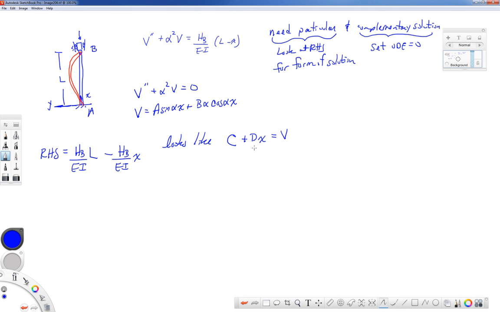Let's take the first and second derivative of this V. So V prime would be equal to D, and V double prime would be equal to 0.